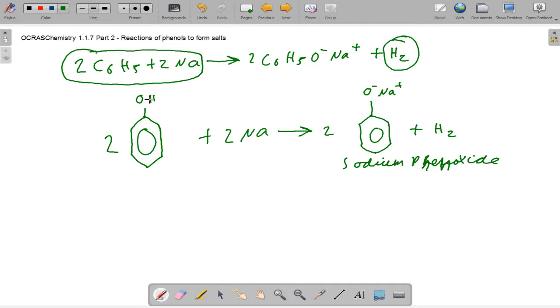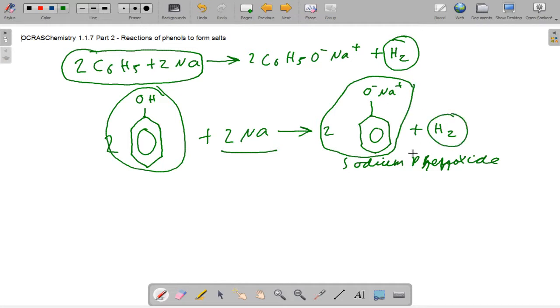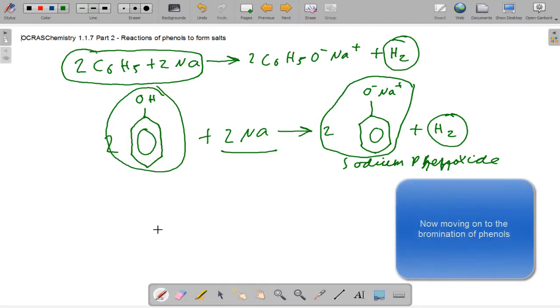So the graphical way of writing this is having 2 phenol groups plus 2 sodium atoms to make 2 of the same product as last time, sodium phenoxide, plus H2 gas. So this reaction tidies itself up a bit more, and rather than having the byproduct of water, we have the gas instead. Gas is nice. And that's it about phenols, really.